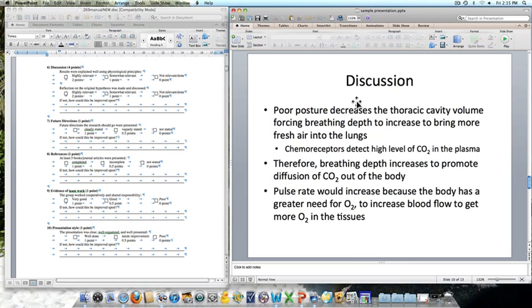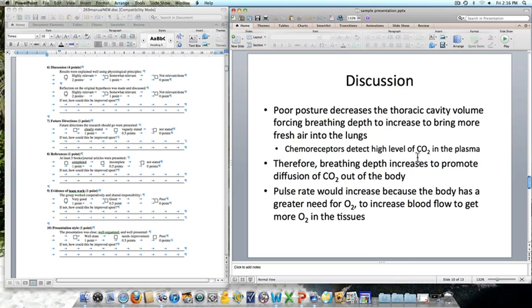So if we go back to the presentation, you'll see that they talk again about poor posture and its effects on changes in the thoracic cavity, that it decreases the size of the thoracic cavity, and what that does to breathing depth. In other words, in order for the person to get enough oxygen, breathing depth has to be forced. Again, they're relating it back to what they said in the background material, that chemoreceptors are important and they're detecting changes in CO2 concentration in the plasma.